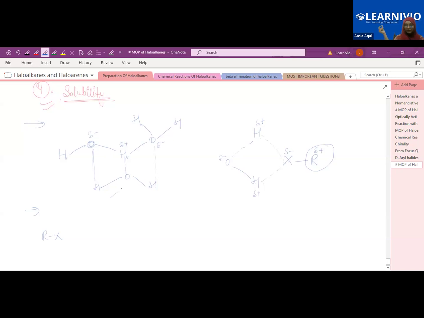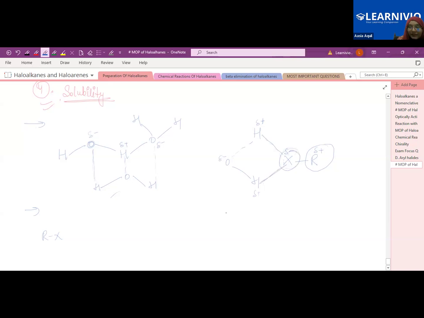But when you try to dissolve the haloalkane in the water, the haloalkane will not make a bond with the oxygen, because you know very well this again has a negative charge, and this oxygen will have the negative charge, right? So if it tries to approach this oxygen, it will feel repulsion because both have the negative charge. So it will try to make a bond with the hydrogen.